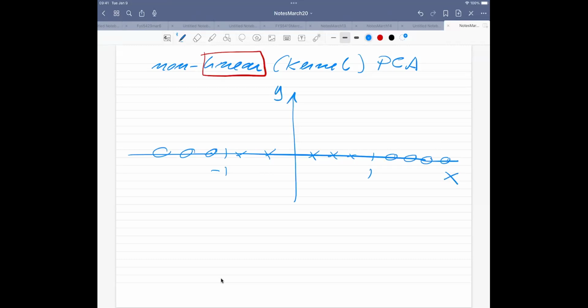If you think of a mathematical transformation here. So if you look at the values here for the crosses, they take values between -1 and 1. If I now perform a transformation where I multiply this with the value squared, if I do the value squared, then this is the kernel.